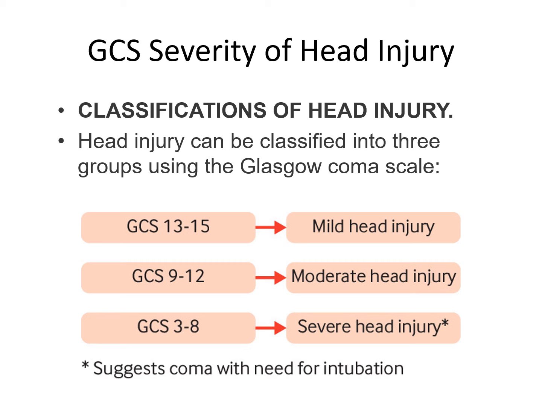And remember 3 is the lowest, so 3 to 8 is severe head injury. So that previous patient in our example would be classified as having a severe head injury. And commonly, this would suggest a coma, and the patient would be in need of intubation and mechanical ventilation. A score of less than 8 is associated with a poor prognosis.